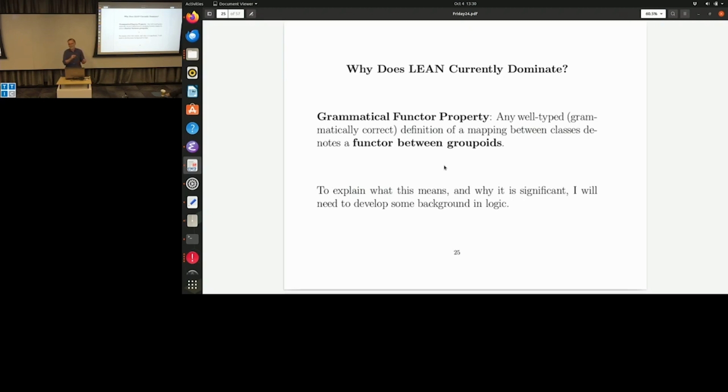What they do is they take a constructive type theory and then they add something that gives you the excluded middle and something that gives you the axiom of choice. So it's not really a limitation on what the system can do. It's just philosophical.